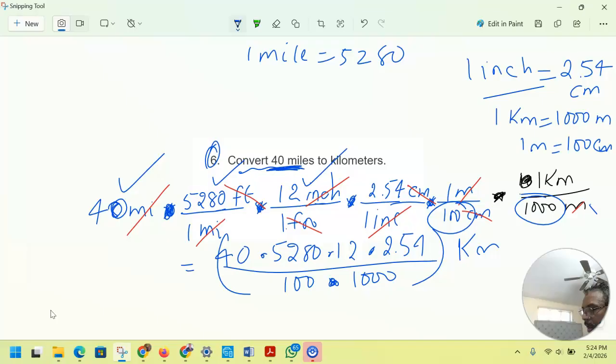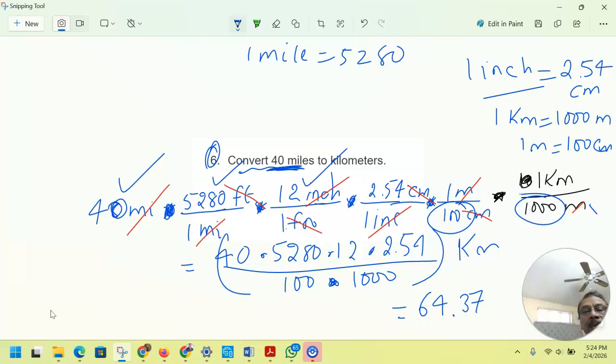And I think you get the answer as 64.37. So on the calculator, we have 64.37. Just want to make sure we are right.